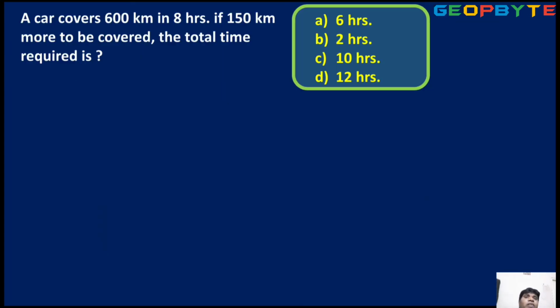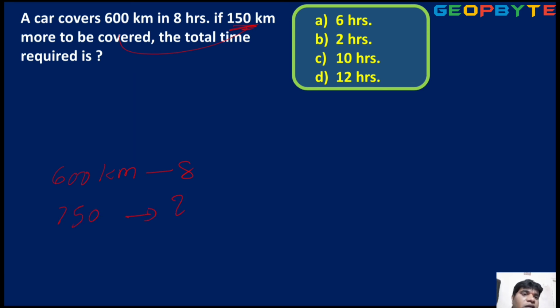Next. A car covers 600 km in 8 hours. If 150 kilometers more are to be covered, find the total time required. I already told you this type of question was mentioned 3 times. First the original method: 600 km in 8 hours, 150 more means 750.